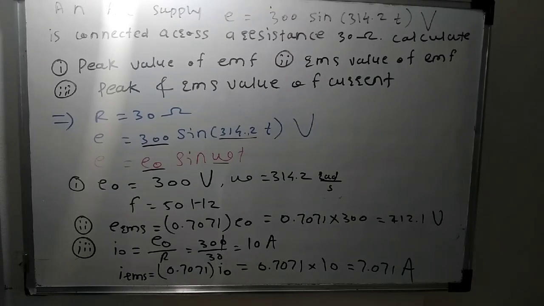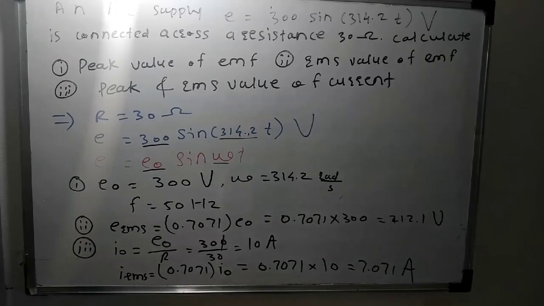So this is about the numerical. In this numerical, the value of the applied EMF is given in the equation E is equal to 300 sin 314.2 t volt. By comparing this equation with the standard equation of the EMF, E is equal to E naught sin omega t, you can directly determine the peak value of EMF as E naught equal to 300 volt.